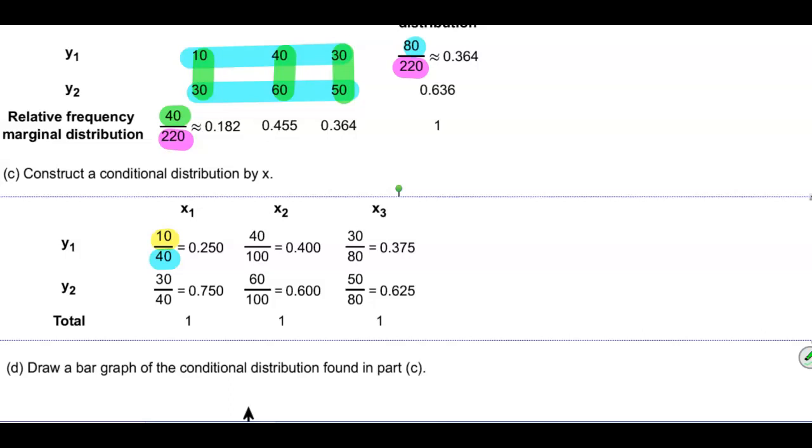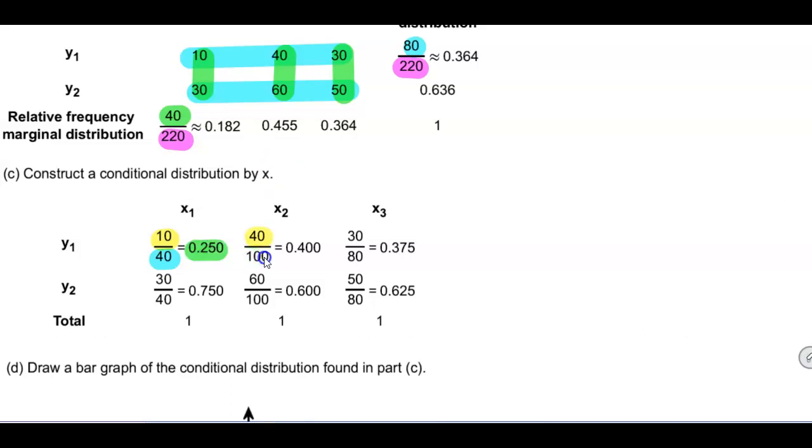That gives us 0.250. Then we take the element in the first row, column 2, which is 40, and divide it by the total of that column, 40 plus 60, which is 100. That gives us 0.400.